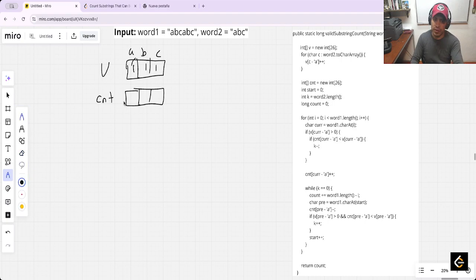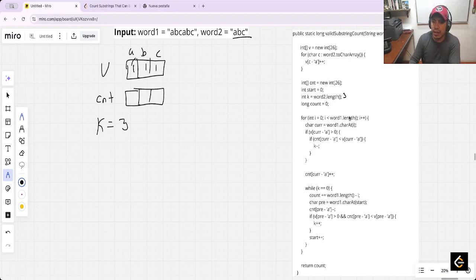Now in this case, I can use this technique. In this case, the size is 3, and the count is equal to 0.